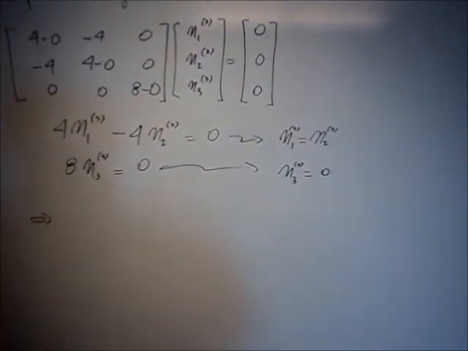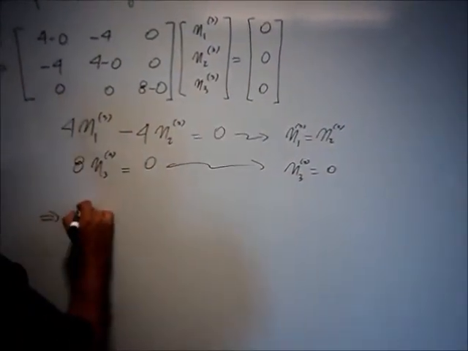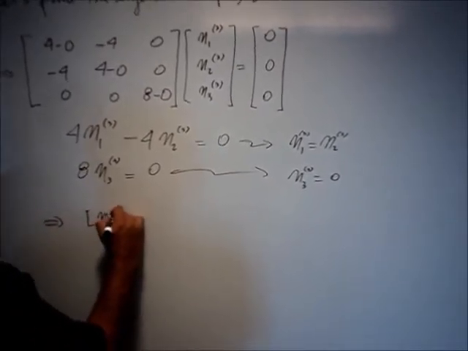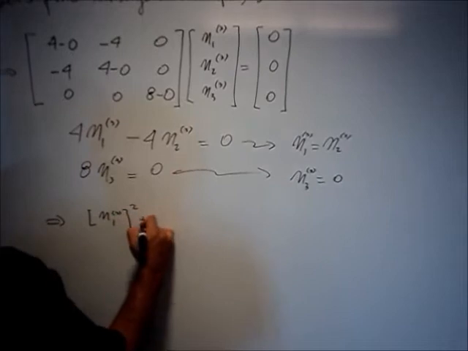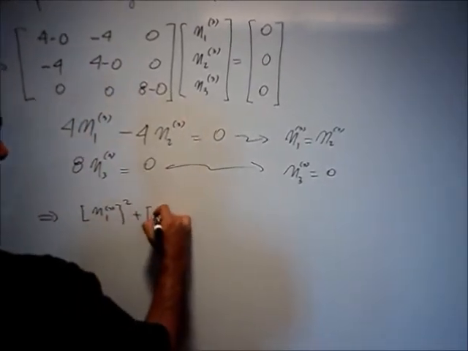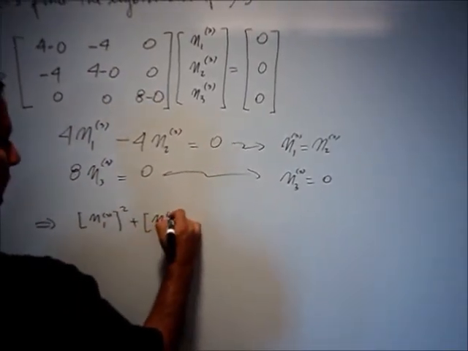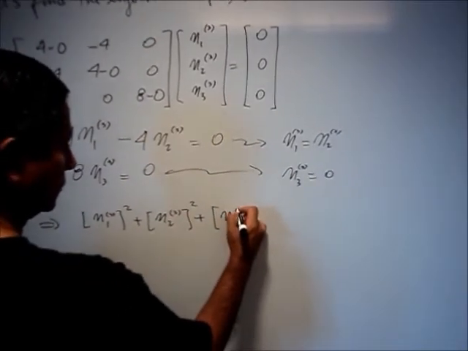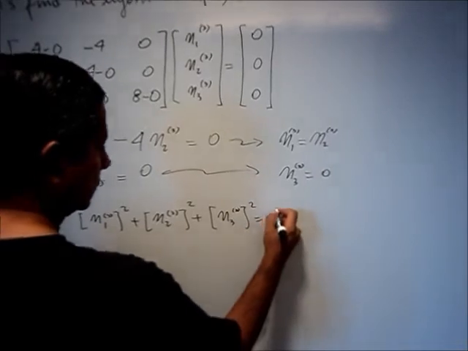Now, using the other relation about the length of the vector, which is a unit vector, the sum of the squares of the components equals 1.